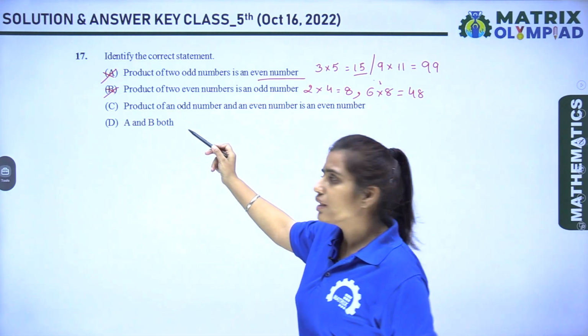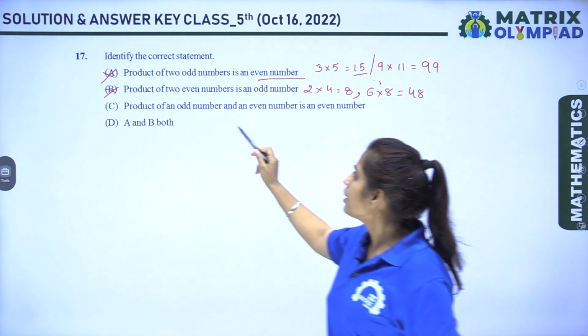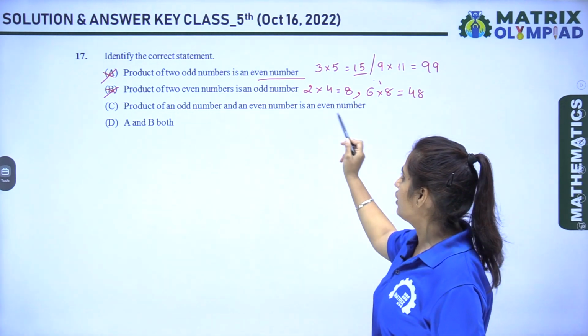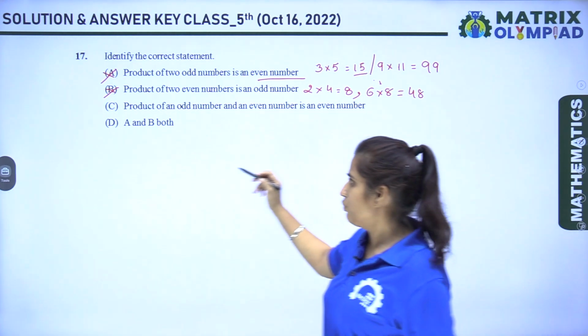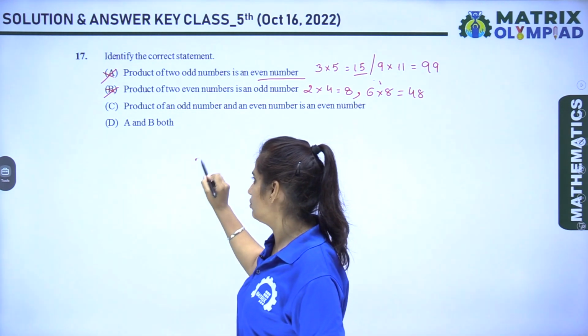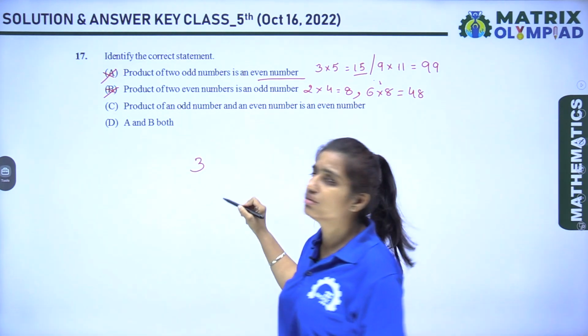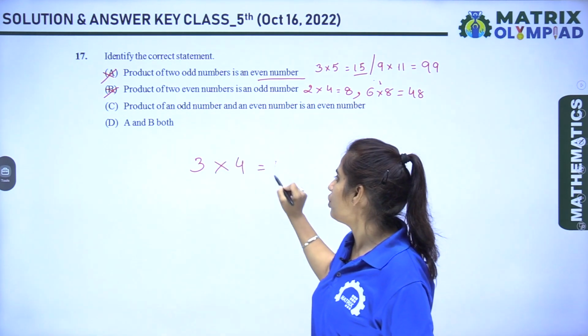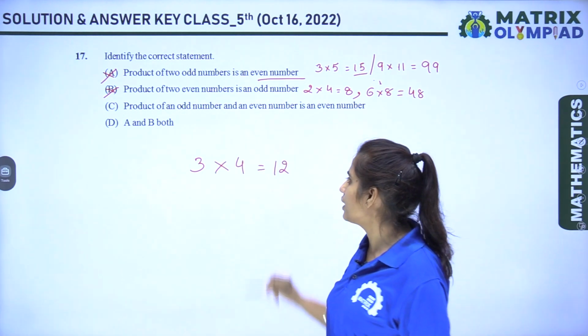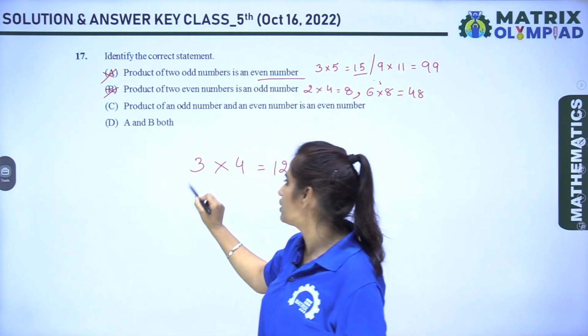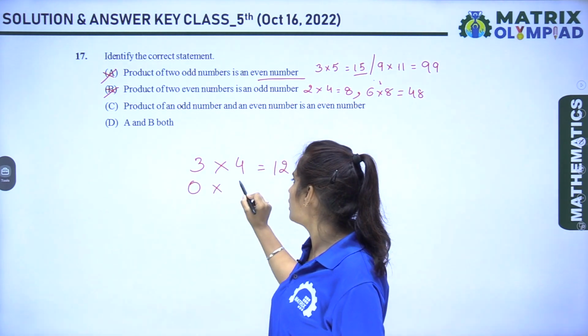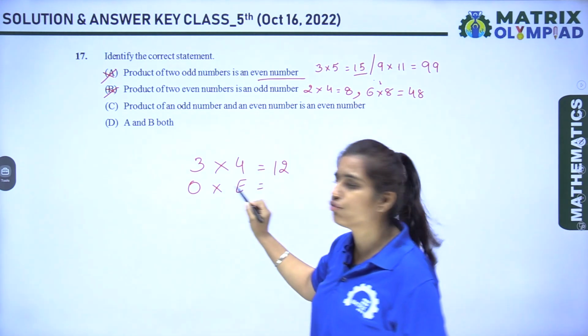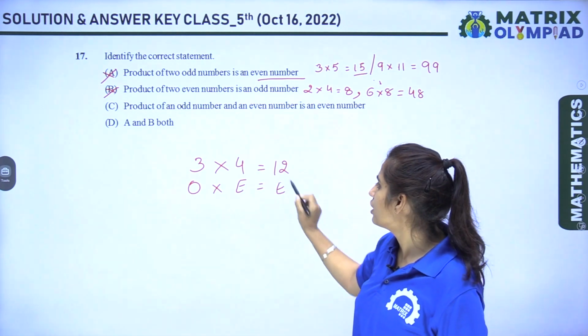Next, the third statement. The product of an odd number and an even number is an even number. Let's take one odd number, 3, and one even number, 4. The product of these two numbers is 12, and this is an even number. So the product of odd and even will be even.